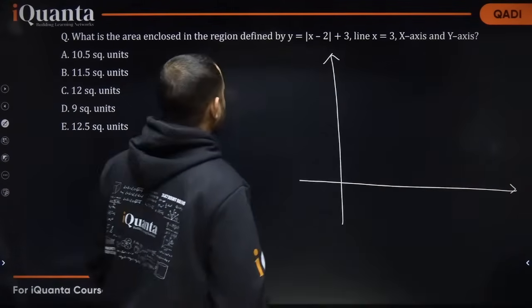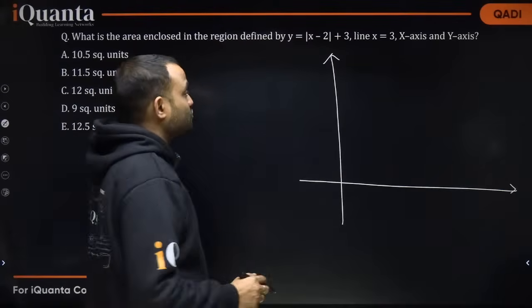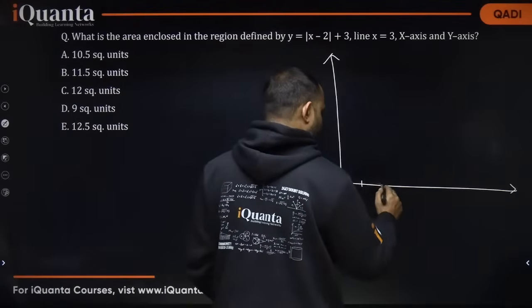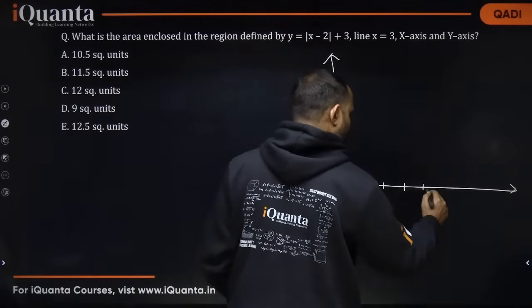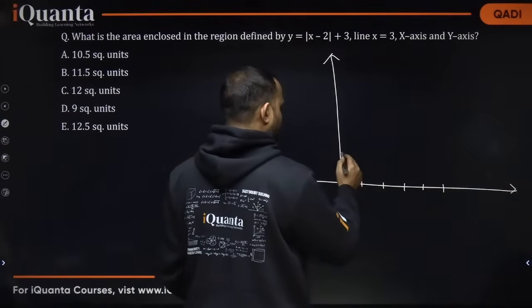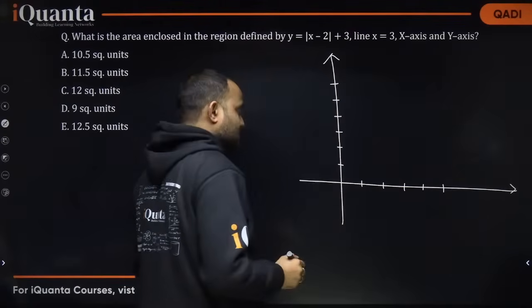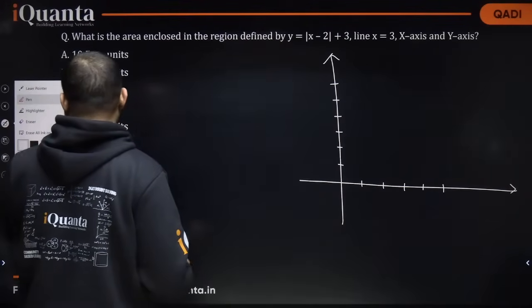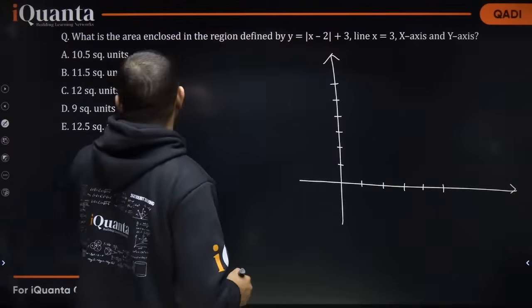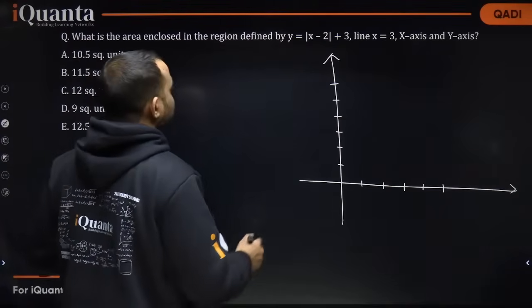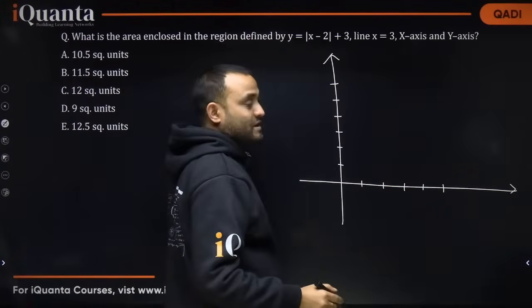All right, so y is equal to mod of x minus 2 plus 3. So 1, 2, 3, 4, 5, 1, 2, 3, 4, 5, 6, like this. The graph of this line will be this one, y equal to mod of x minus 2 plus 3.